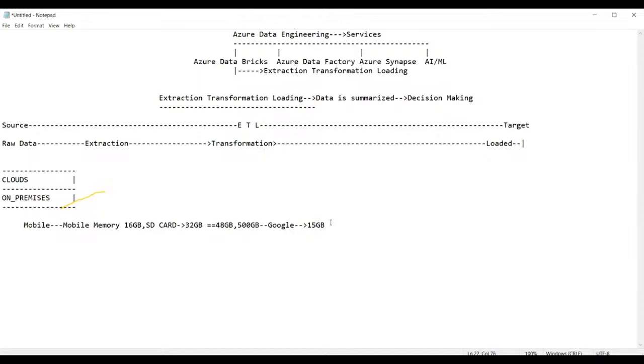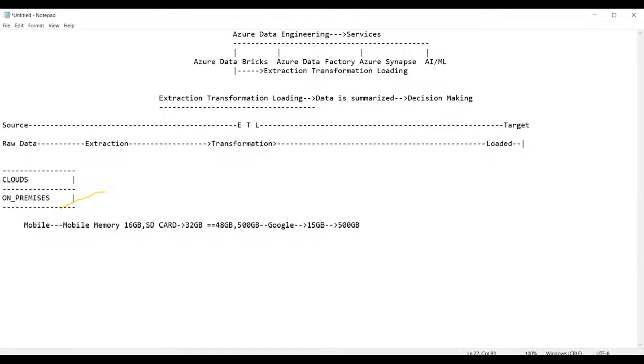External hard disk. That is fine. But I want the data. Okay, no problem. One more way is that you can ask Google to increase the size. That means from 15 GB, I want 500 GB.